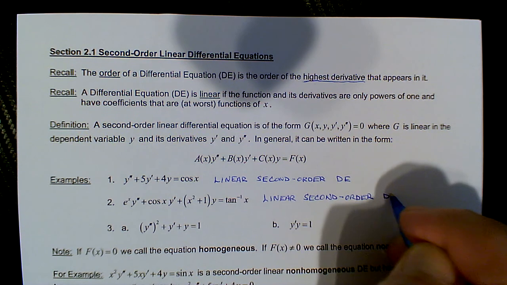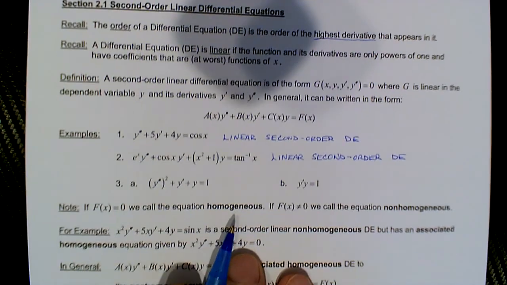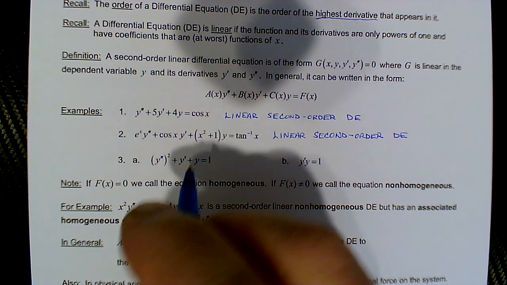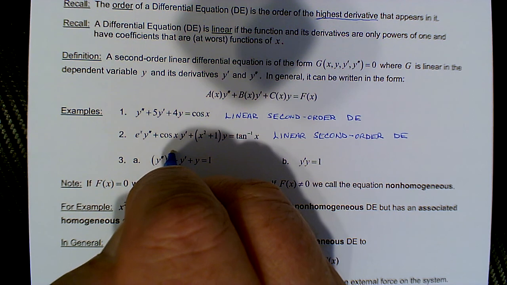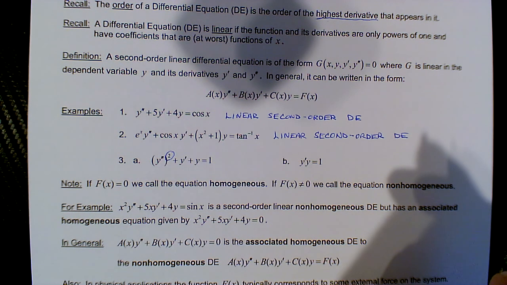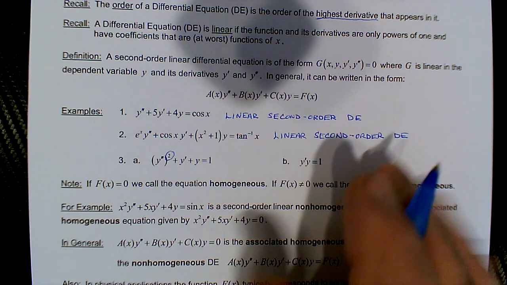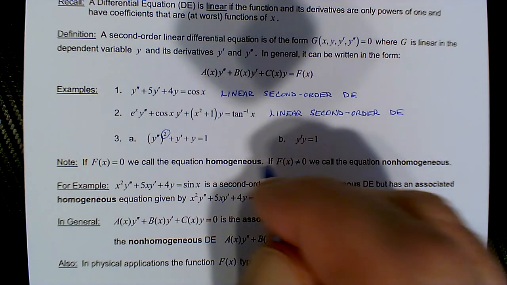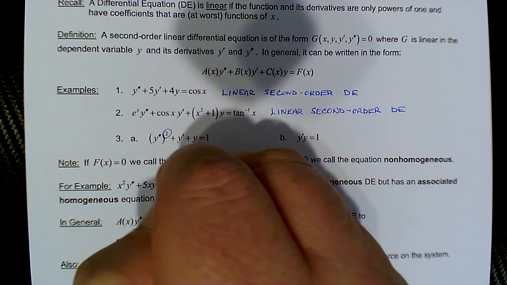And these two examples in number 3 are nonlinear. First one's nonlinear because we have a derivative that's being raised to a power, so it's not a power of 1.